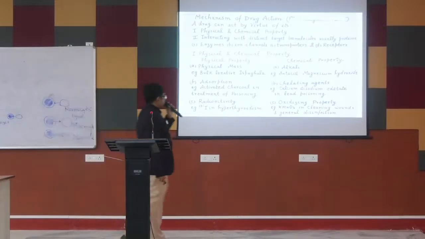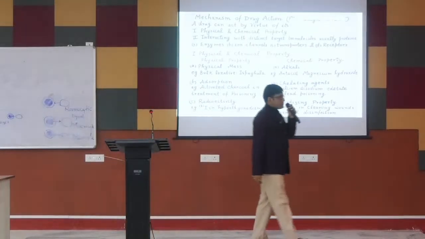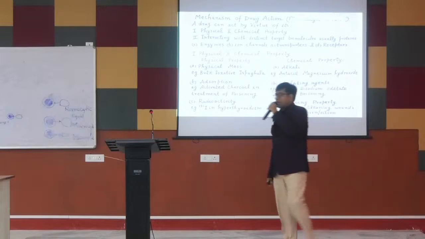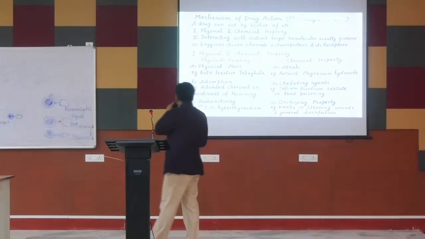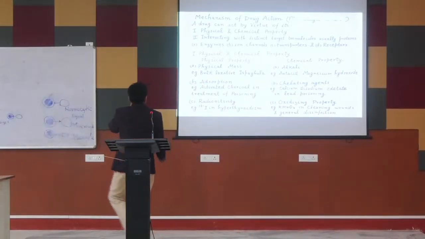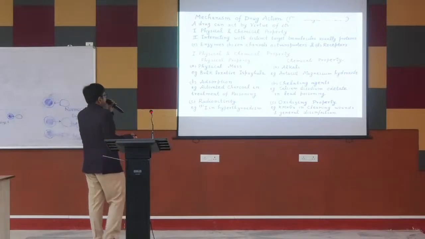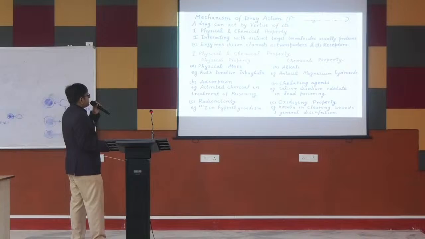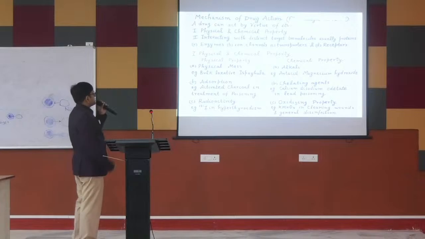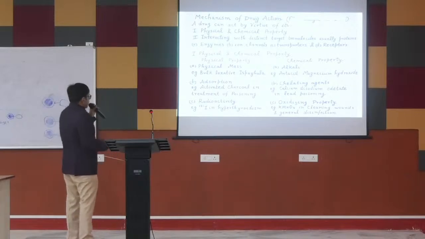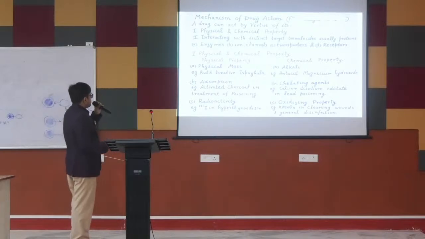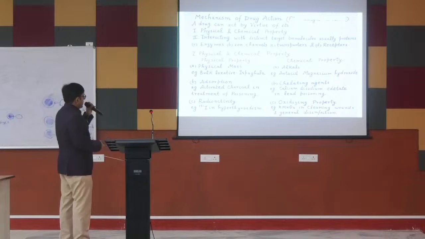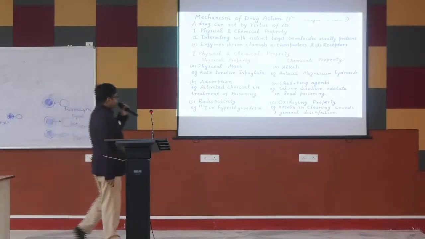Now, mechanism of drug action. How a drug acts, just to say in a general way. A drug can act by virtue of its physical and chemical property. A drug can also act by interacting with certain biomolecules like enzymes, ion channels, transporters and receptors. By virtue of its physical and chemical property, how can a drug act? Example, isabgol.